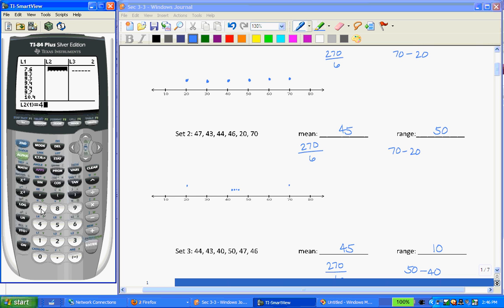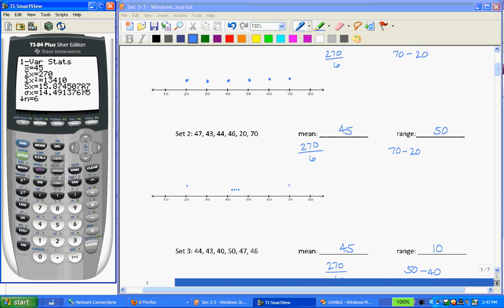And we have 47, 43, 44, 46, 20, and 70. We hit stat, over to calc, one variable statistics, and that was in list 2. Okay, so we already knew the mean was 45 right here, but our standard deviation.